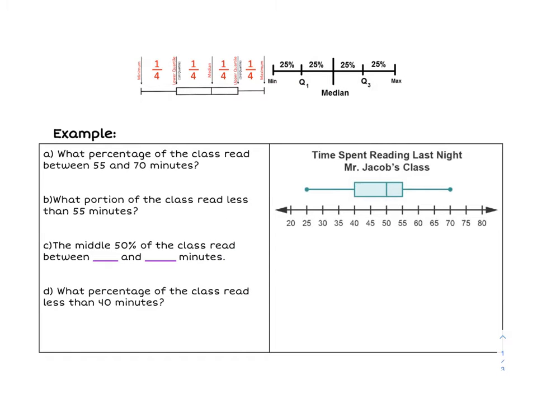So keeping that in mind, let's look at the box plot that corresponds with the time spent reading last night for Mr. Jacobs' class. So we have some questions over here. Question A says, what percentage of the class read between 55 and 70 minutes? So if we look at our box plot, here's 55 and here's 70. We have 1 section there, so that would be our 25.